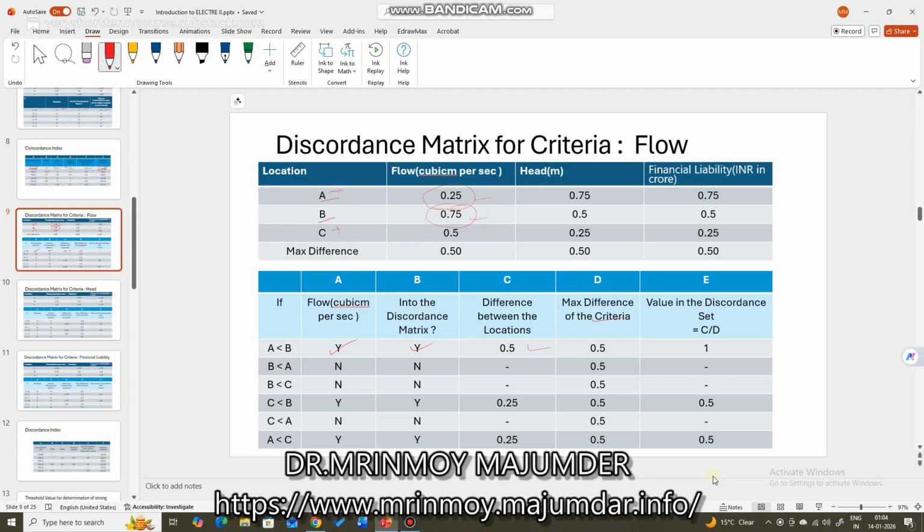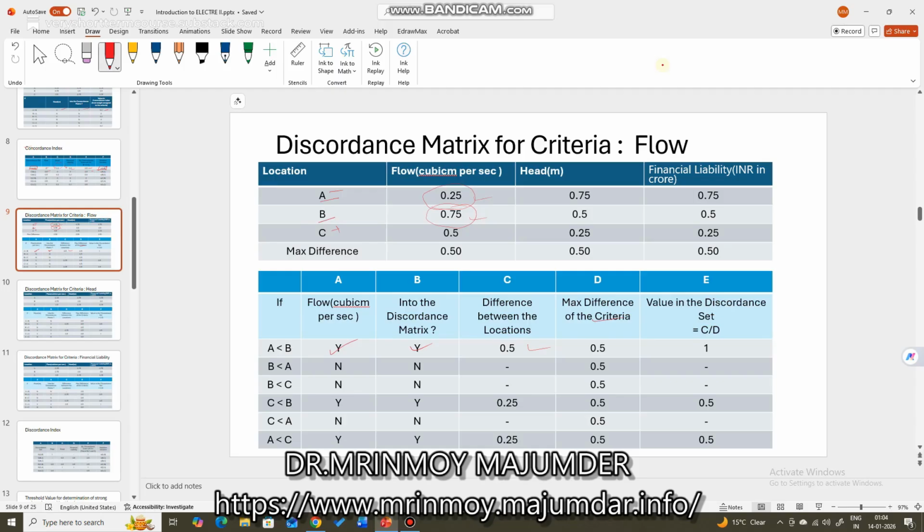For each criteria, you have the two alternatives that you are comparing. You have to just deduct the value of the lower alternative from the higher alternative, with respect to magnitude, I am saying. So this difference between the locations is divided by the maximum difference within the criteria.